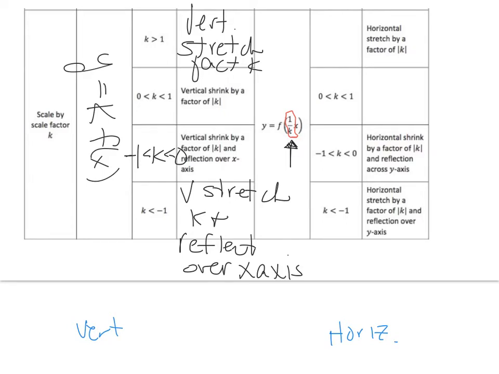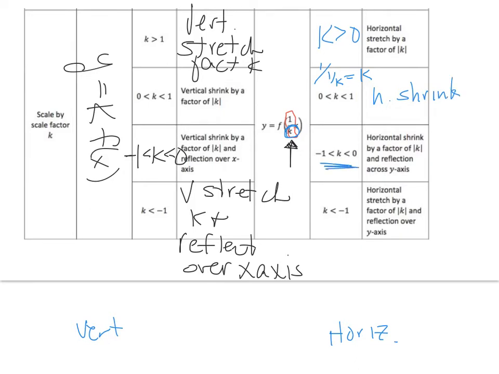All right, so when k, just this part, when k is greater than 0, we have a horizontal stretch by a factor of k. When k is a fraction, that means that we would have 1 over k, which is just plain old k. We have a horizontal shrink by a factor of k.